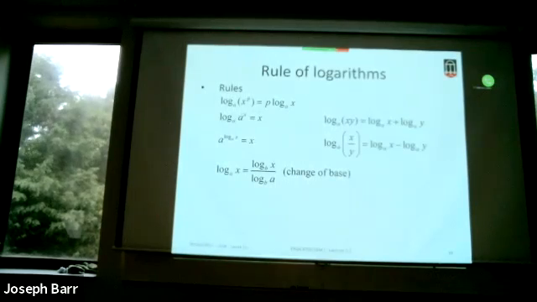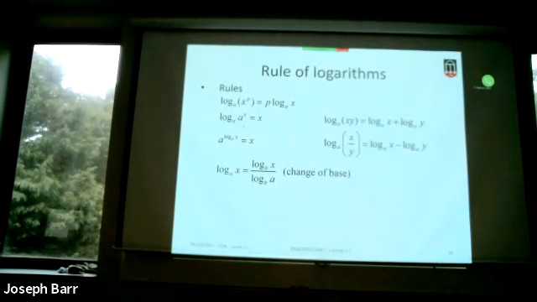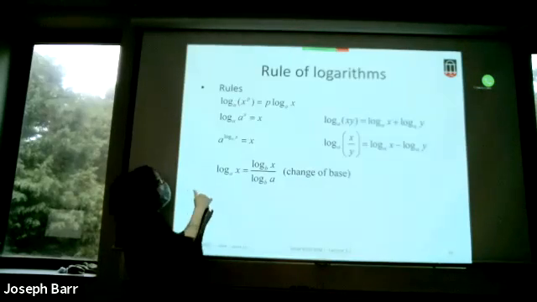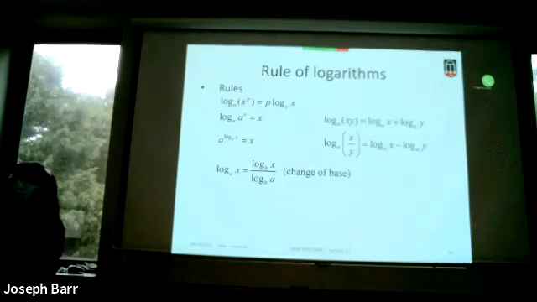And if we have this version, a to the power of x, but with the log of base a, these two have the same base, log base a. We can cancel it out because these two are reverses. It just becomes its original x.